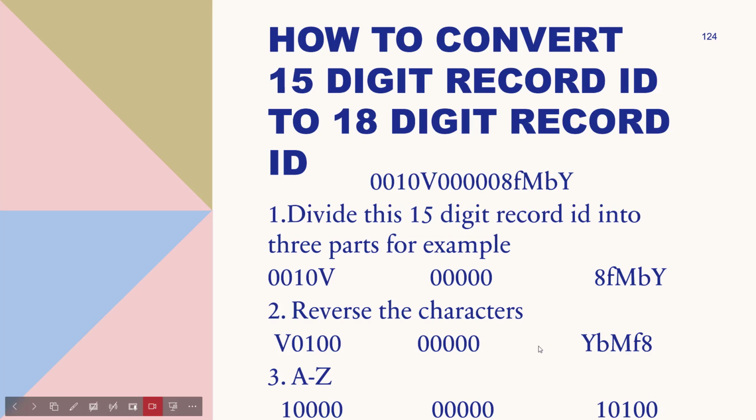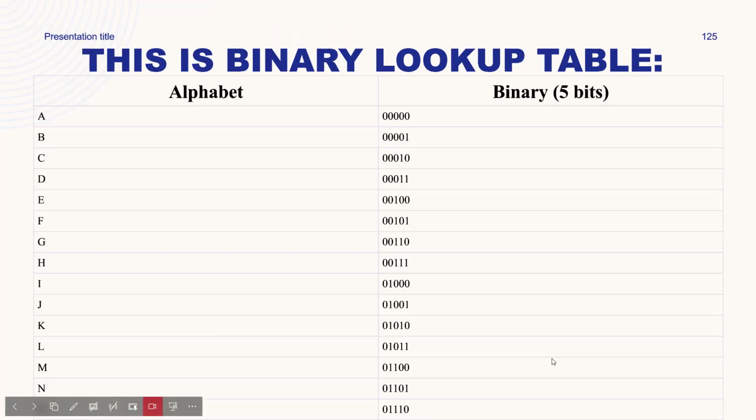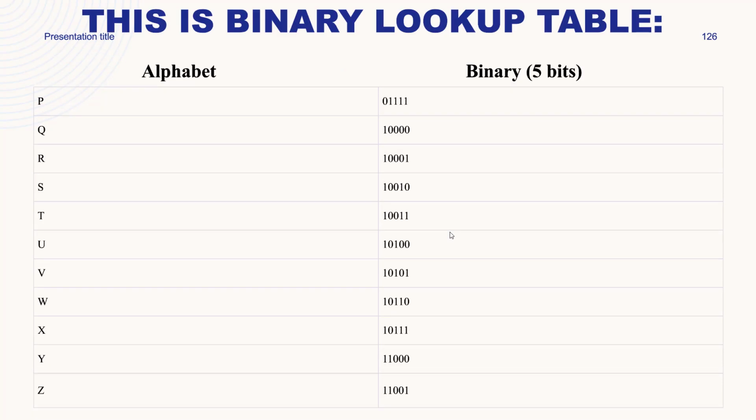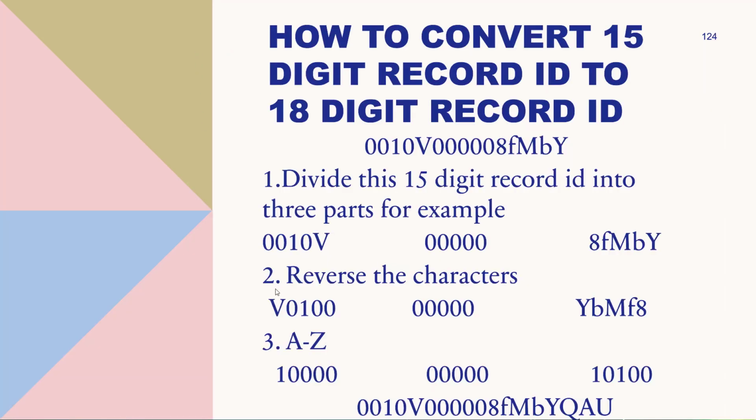Now we look up again in the binary lookup table, 100100, and there is no 100100, so we move to the next, and this is 100100100, U. This means our letters are QAU. So from the lookup table we get the values: this as a Q, this as an A, and this as a U. And these are the last three characters we have got.